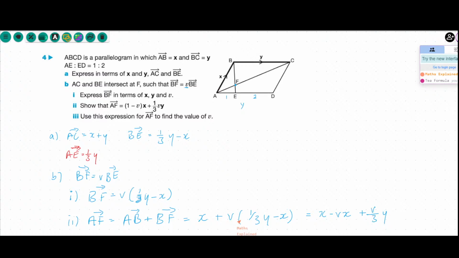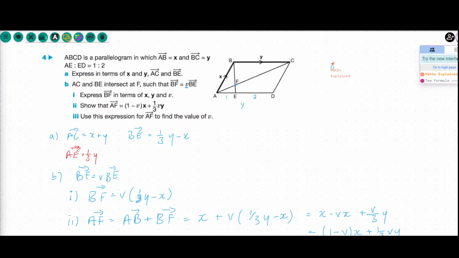Okay, so that's v times a third y, which I've written as v on 3 y. Then x take v x, you can write as 1 take v x. And they've actually left it as a third v y, so I'll just write it as that. Okay, so there we go. We've shown part ii there.